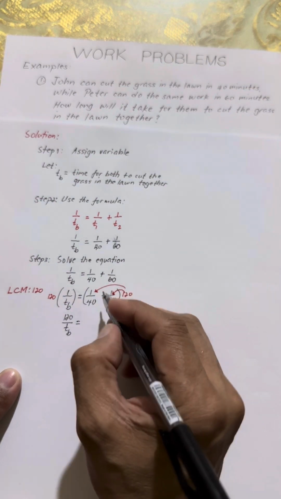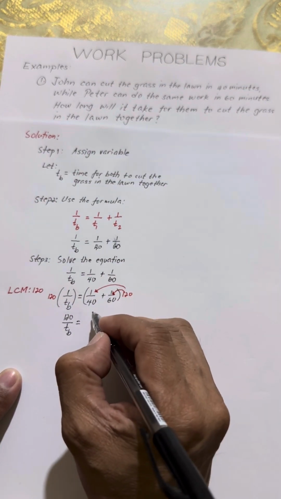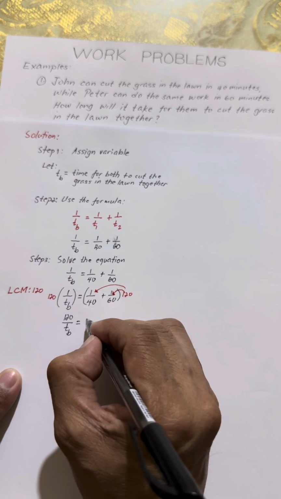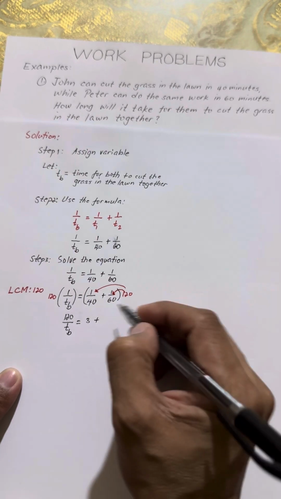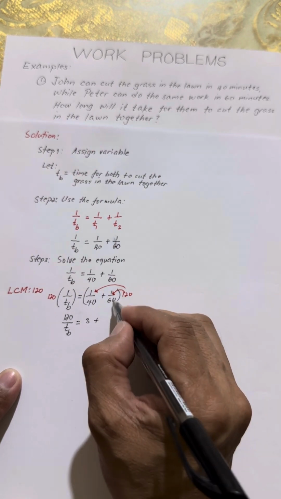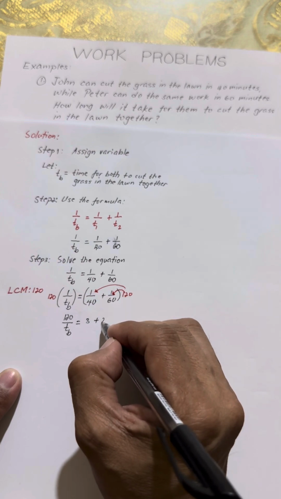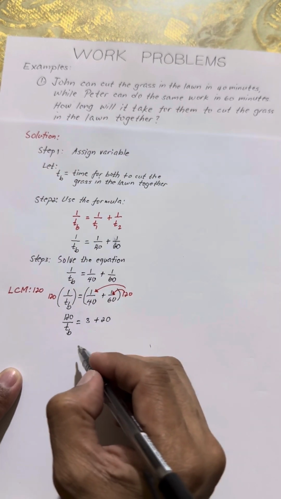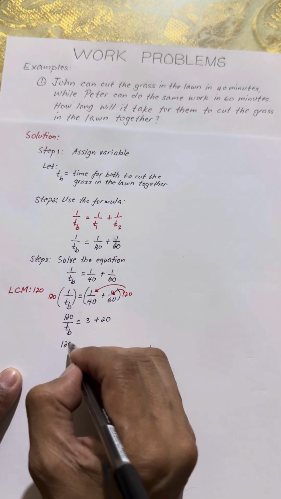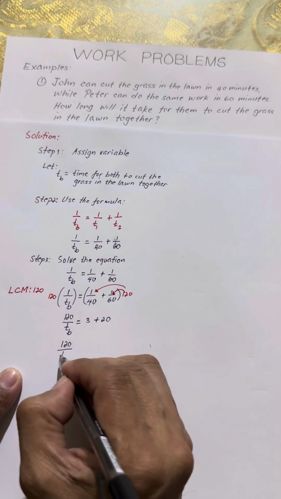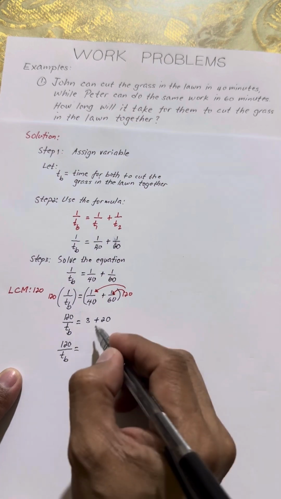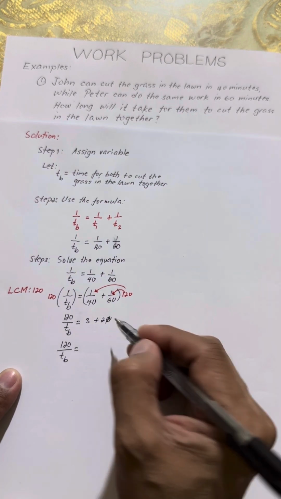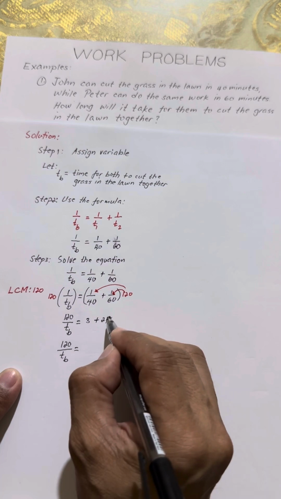So 120 times 1 divided by 40 is equal to 3. Then plus 120 times 1 divided by 60 is equal to 2. Okay, combining the numbers on the right side, this is 5.